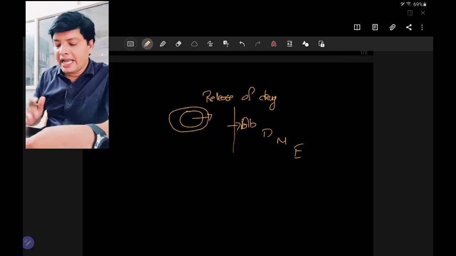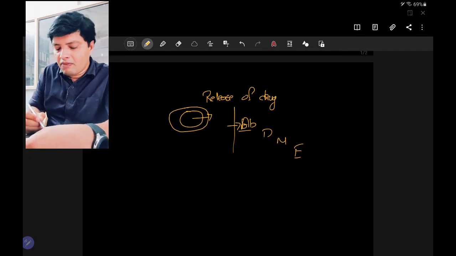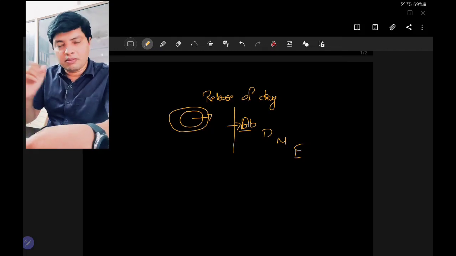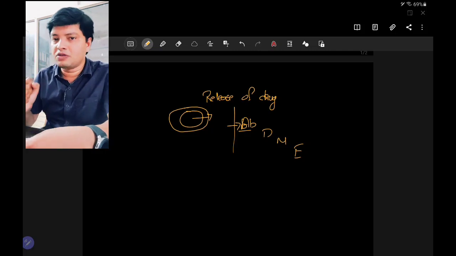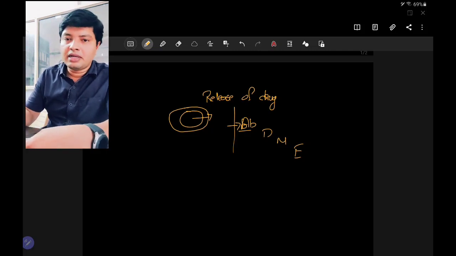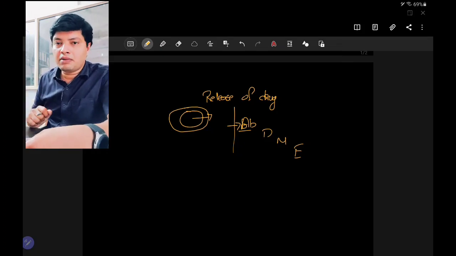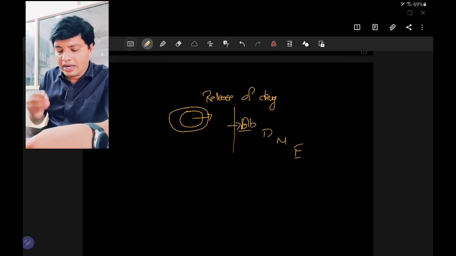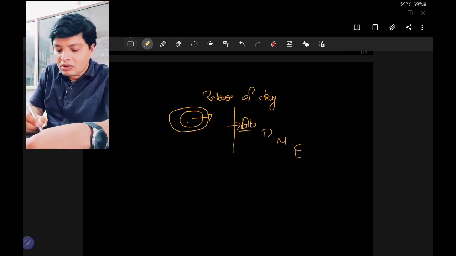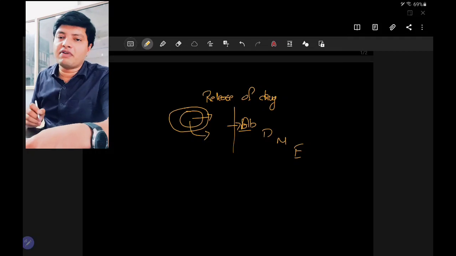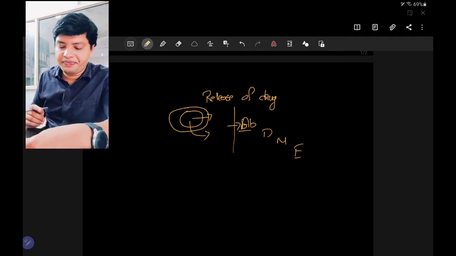But if the drug has any problem in absorption, let's say the drug is absorbing slowly, what I assume while designing the dosage form is that the drug has normal absorption, distribution, metabolism and elimination. If the drug has abnormal absorption, I can't control that. It is not in my hand. What I can do is solely control the release of the drug from this dosage form.